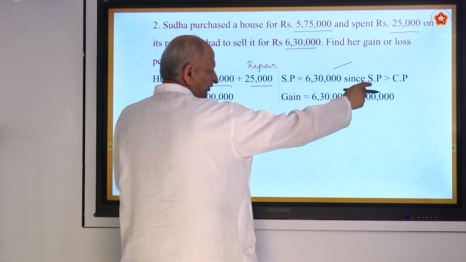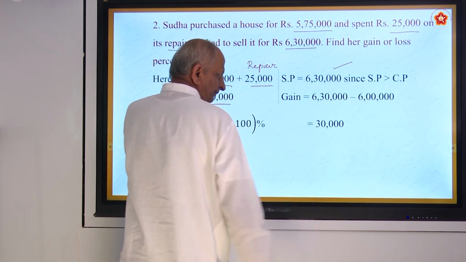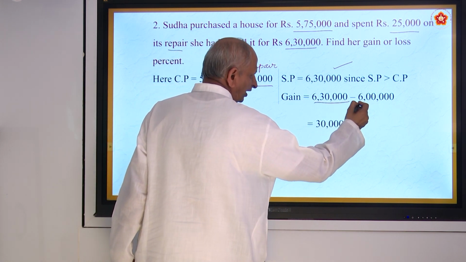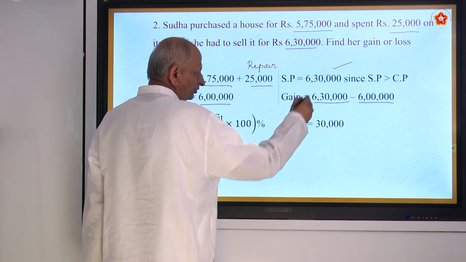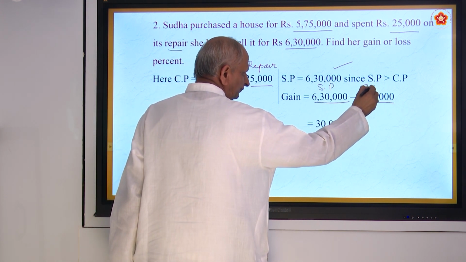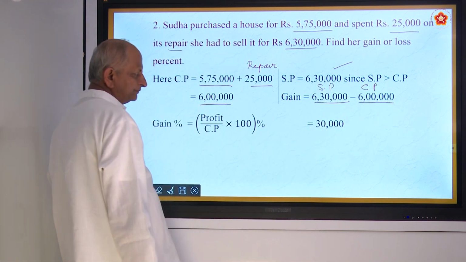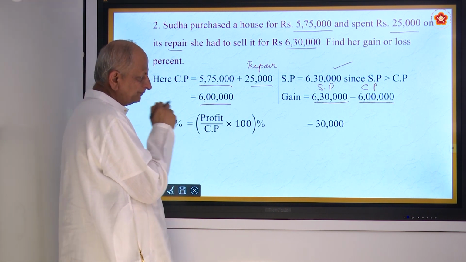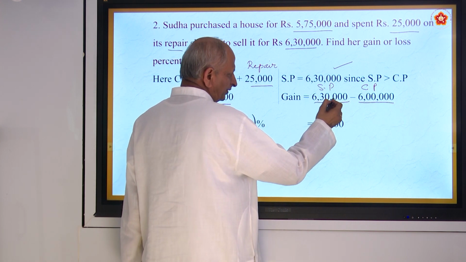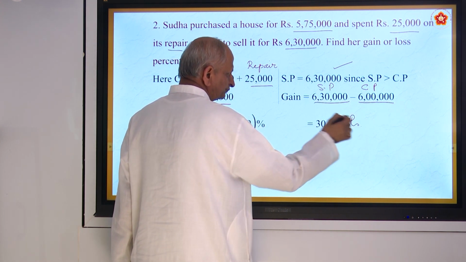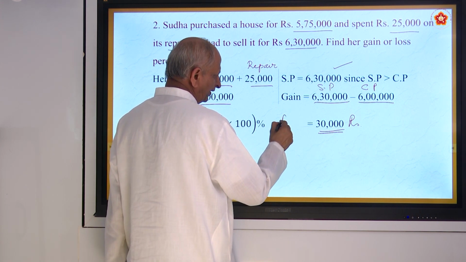So selling price is more than the cost price. What is selling price? 6,30,000. Cost price 6,00,000. So this is SP minus CP, formula number 1, that is called gain or profit, you call it. How much profit? There is a 30,000 rupees profit. You can say gain, other word is profit.